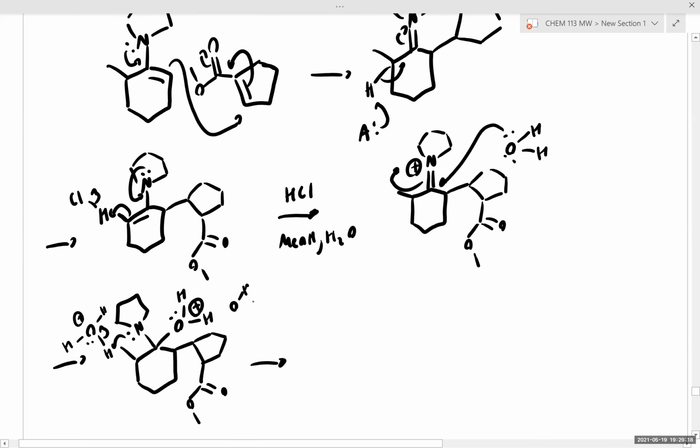Perfect. So let's just annotate those next few steps. We protonate our amine. We deprotonate our alcohol. We've now activated our amine as a leaving group.